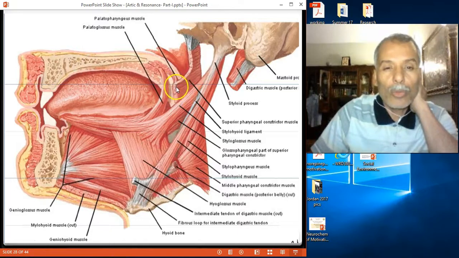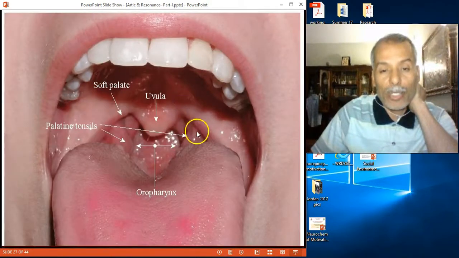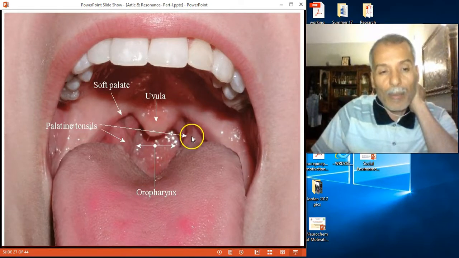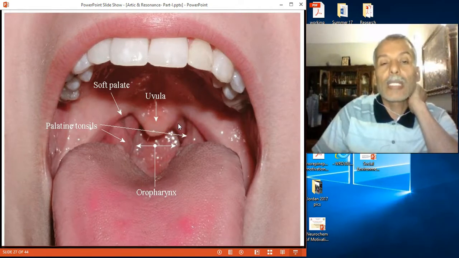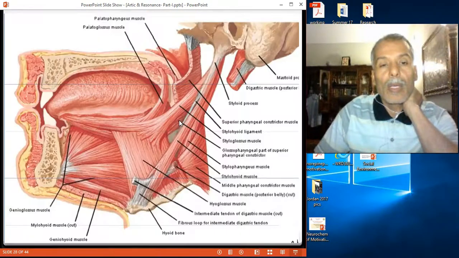But what I want you to notice is that as it goes down, there is a triangle between its base and the base of the palatoglossus. And that triangle is where the palatine tonsils sit, as you see them in this image. So you have the palatopharyngeus, and then the palatine tonsil in front of it.